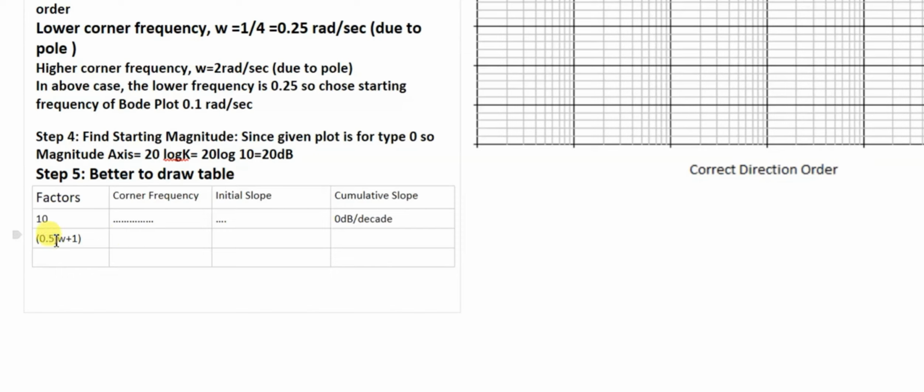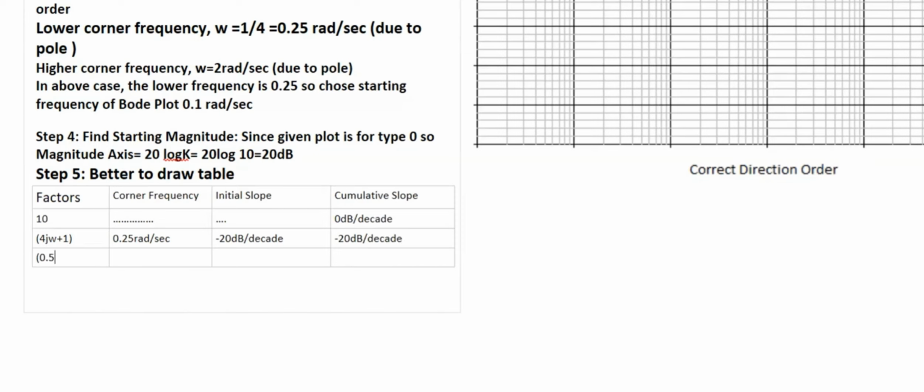We know this is a simple pole, and for a simple pole, the initial slope will be minus 20 dB per decade. Then we add the 0, and minus 20 gives us minus 20 dB per decade.